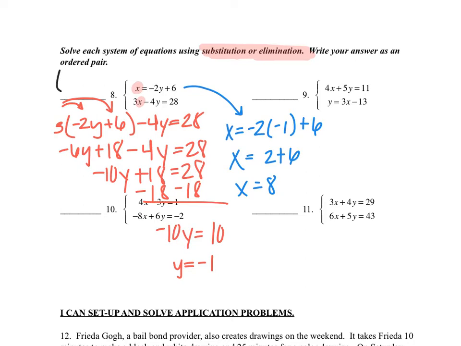So it's x comma y, so 8 comma -1. This is just my personal preference: I would probably solve number 9 as substitution as well. I'm not going to do it with you, but I would do substitution.